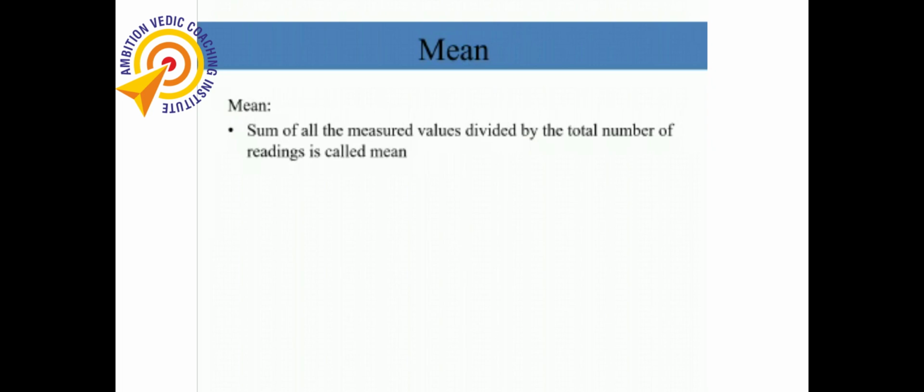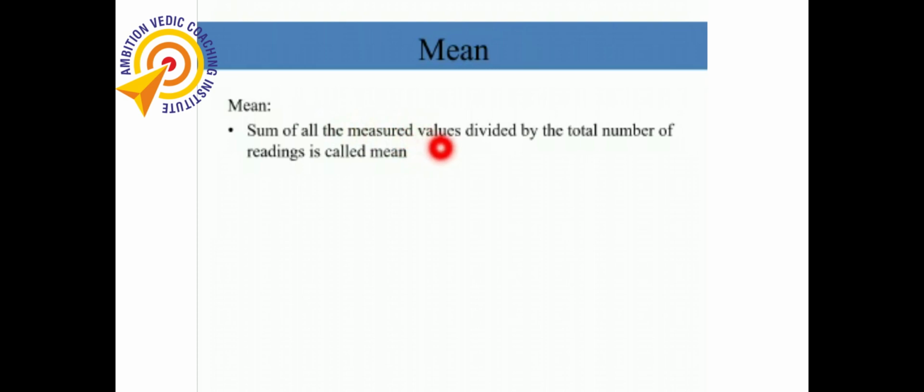From the mean we find out how much the values are moving less and how much they are more. That is known as deviation. So the mean always tells us what the deviation or fluctuation in the values was. Now what does this word mean? Basically, mean is nothing but the sum of all the measured values.